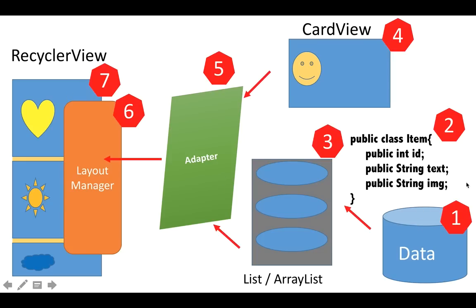Even though the steps are 1, 2, 3 to 7, sometimes you create some of these first, but you need the 7 things before you display something in the RecyclerView. It's a whole process. It's a very long process, and I will make some part of it in each video.